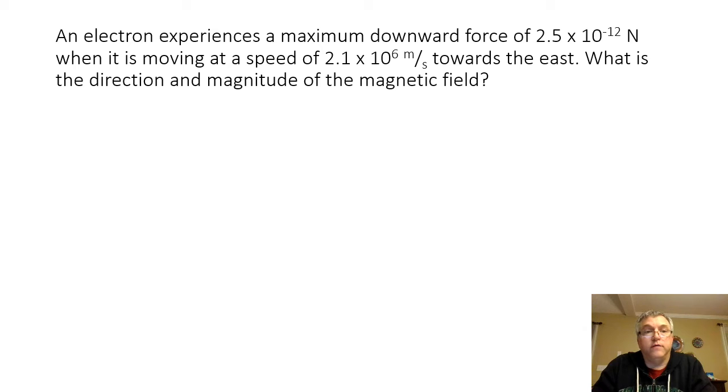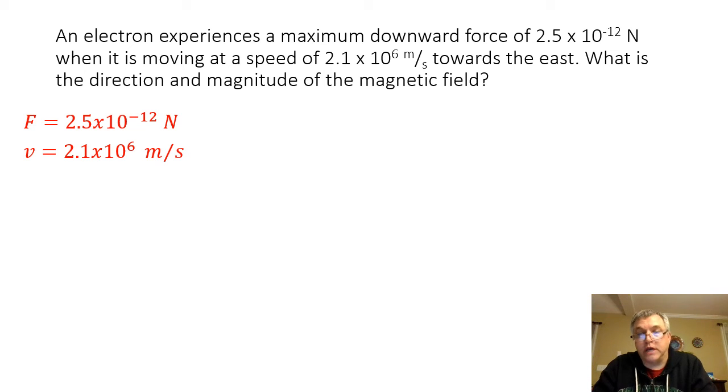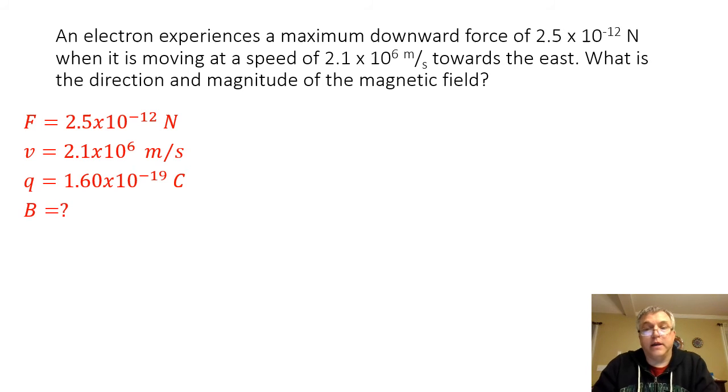We are given the force acting on the electron, 2.5 times 10 to the minus 12th newtons, and the velocity of the electron, 2.1 times 10 to the 6th meters per second. We aren't given the charge of an electron, but we know it is 1.60 times 10 to the minus 19th coulombs. We are being asked to find the direction and the magnitude of the magnetic field.